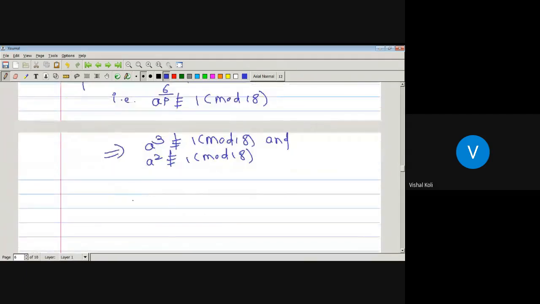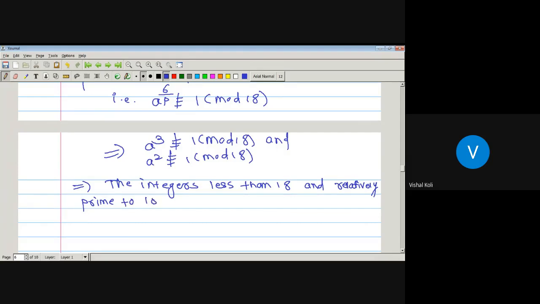Now, as phi of 18 is equal to 6, the number of integers less than 18 and relatively prime to 18 is 6.